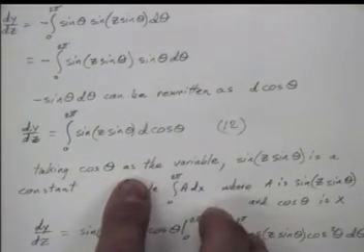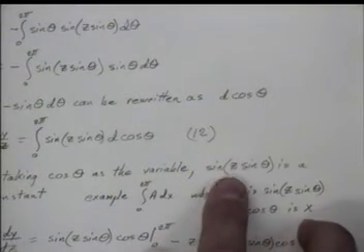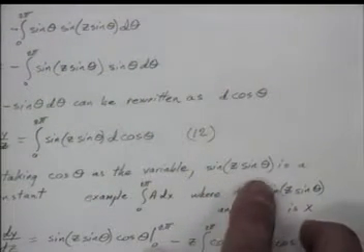Cosine of theta can be considered the variable, and sine of z sine theta would be the constant.